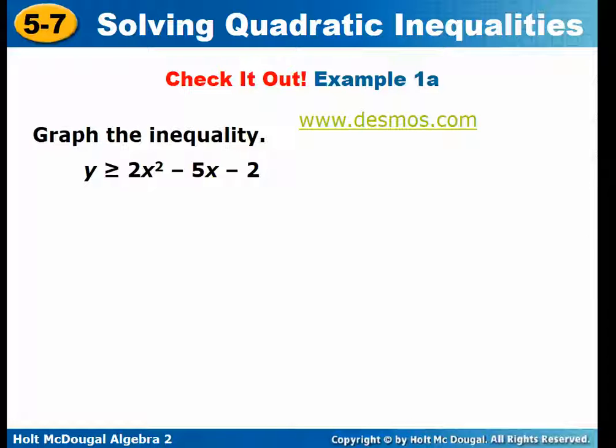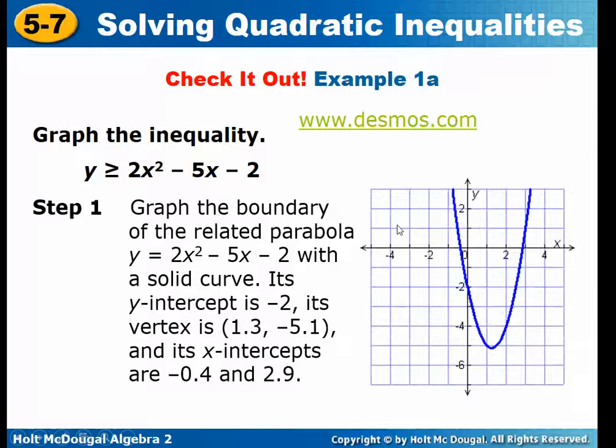Okay, here's another example. This one we're going to solve, instead of doing all the steps by hand, finding the vertex, finding the intercepts, and so on, let's go ahead and graph at Desmos.com. So I'm just going to write this inequality down so that when I go there I don't have to flip back. So y is greater than or equal to 2x squared minus 5x minus 2.